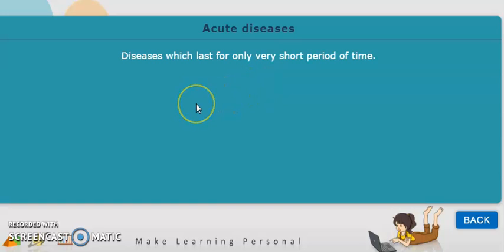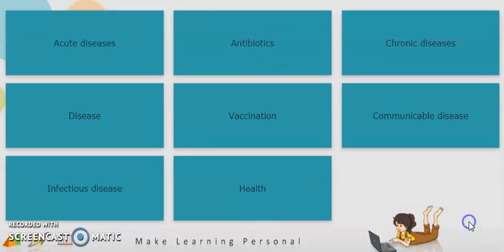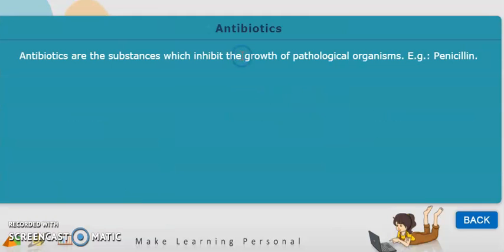For example, common cold, which lasts 6 to 7 days, or most probably a week. Then we have elephantiasis in a certain part of our country. So the disease which lasts for a short period of time is termed as acute disease. Clear?